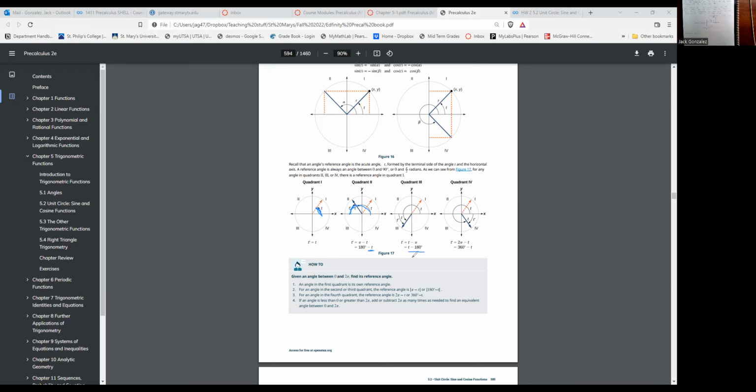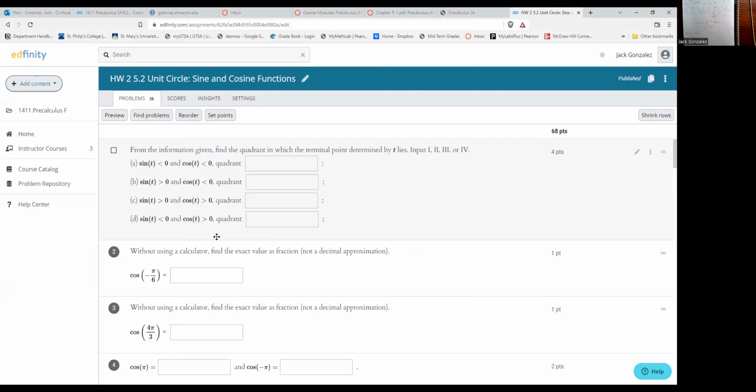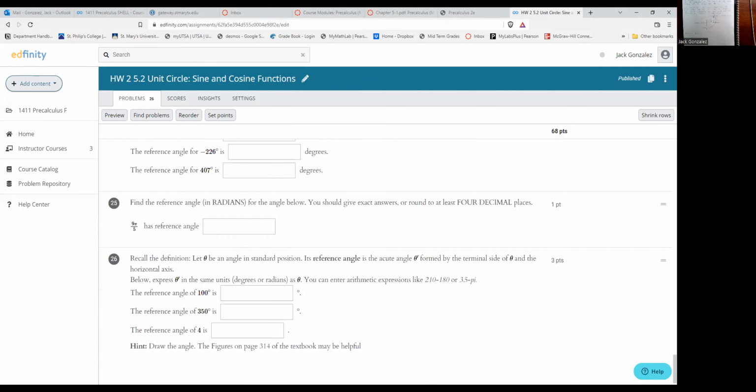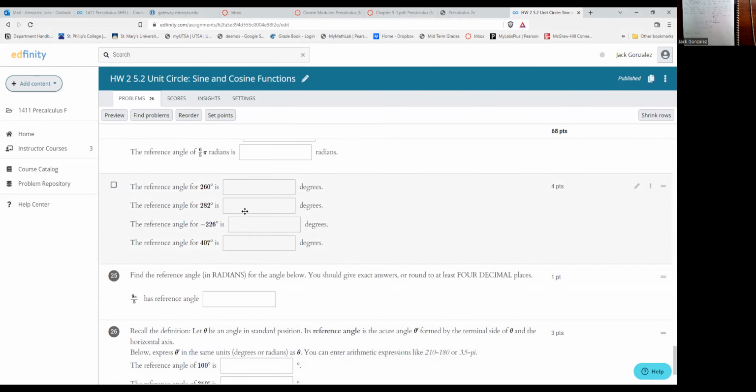So in our question, right? We had 270 or something. Our question is 260, which is quadrant 3.